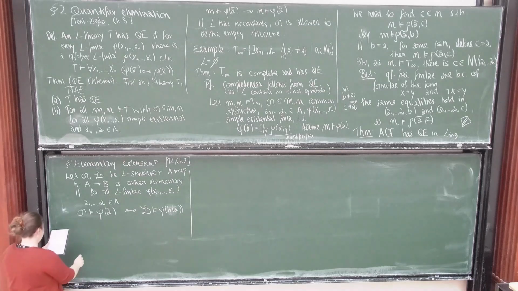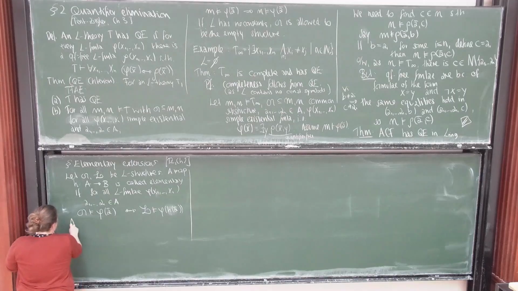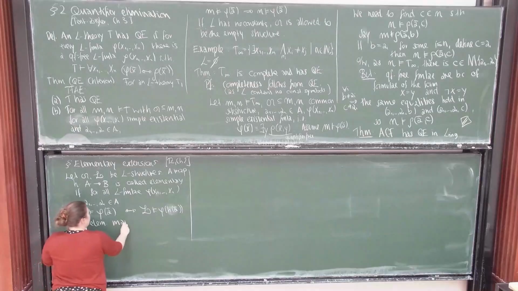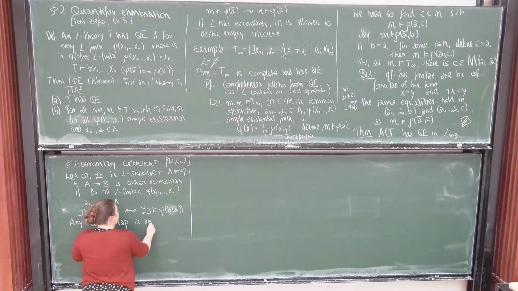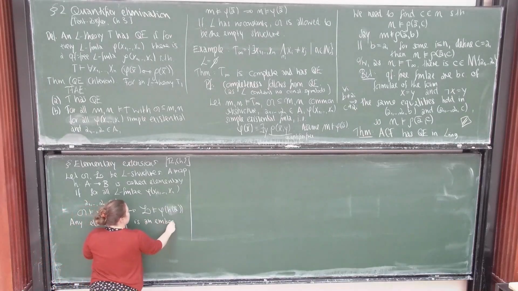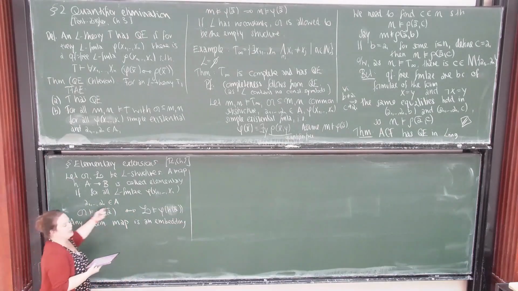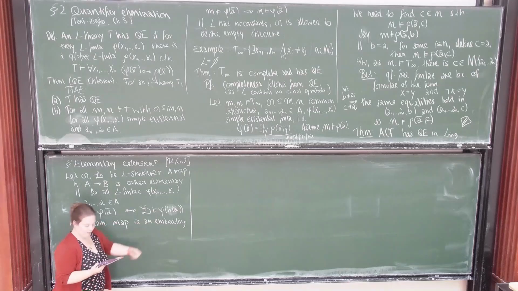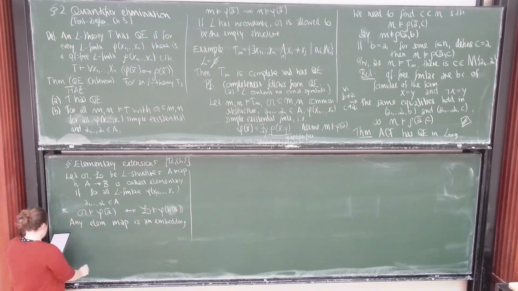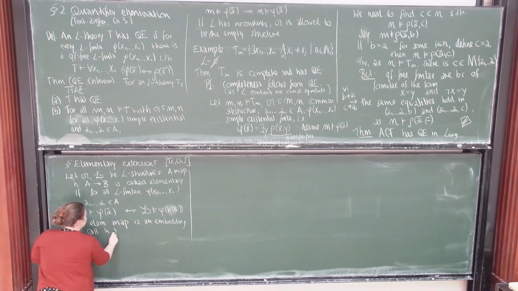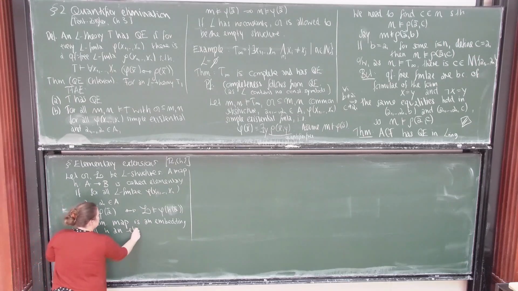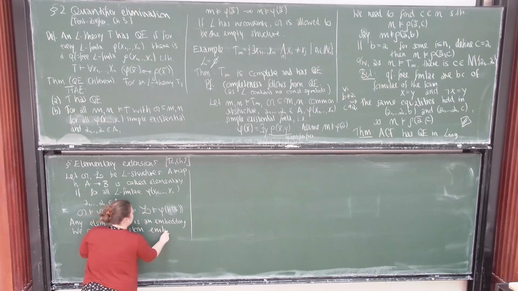So any elementary map is an embedding, so it's injective and the relation symbol holds for someone in A if and only if it holds for its image in B. And we call H an elementary embedding.